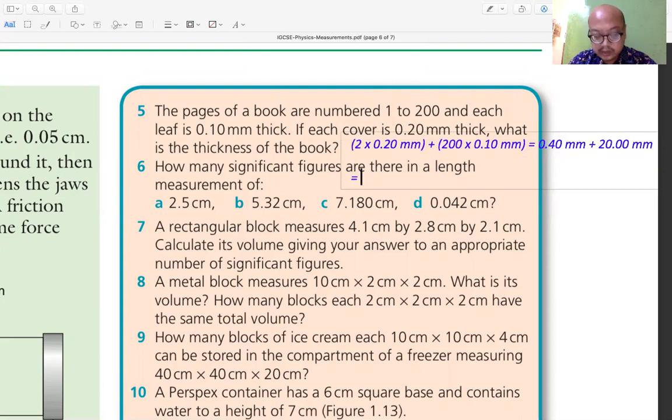Same thing, 20.40 millimeter. That's it.